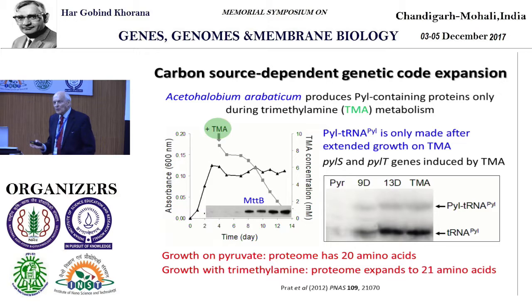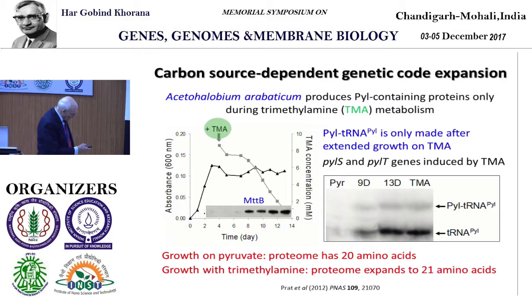There's absolutely no problem. You can use the organism after it grew in trimethylamine, put it back in pyruvate, and the proteome has 20 amino acids. So you see a phenomenal flexibility, that the organism does not necessarily die if you have taken an amino acid away. And so we went ahead and tried to do the following.